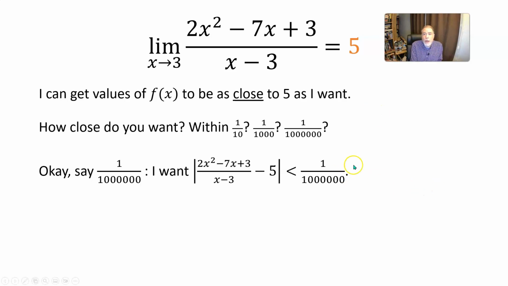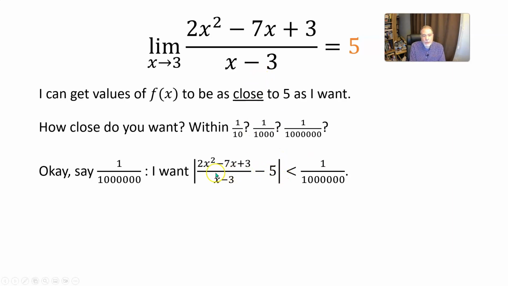How close do you want? Do you want to be within 1/10 of 5? Do you want to be within 1/1000th of 5? Do you want to be within 1/100000th of 5? We can do that. Okay, say you do want to be within 1/100000th of 5. That means that the absolute value of 2x squared minus 7x plus 3 over x minus 3, the value of that function, minus 5, what we said the limit is, has to be less than 1/100000th.